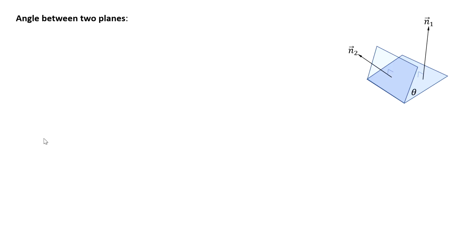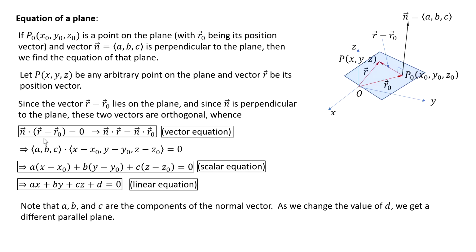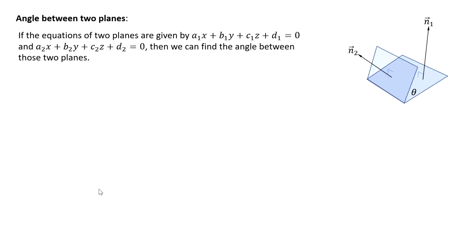Going back, is that stuff important? What do we do? Oh, ax plus by plus cz plus d equals 0. What are a, b, c? a, b, c are the x, y, z components of the normal vector. d is the constant that tells you where the plane is located.